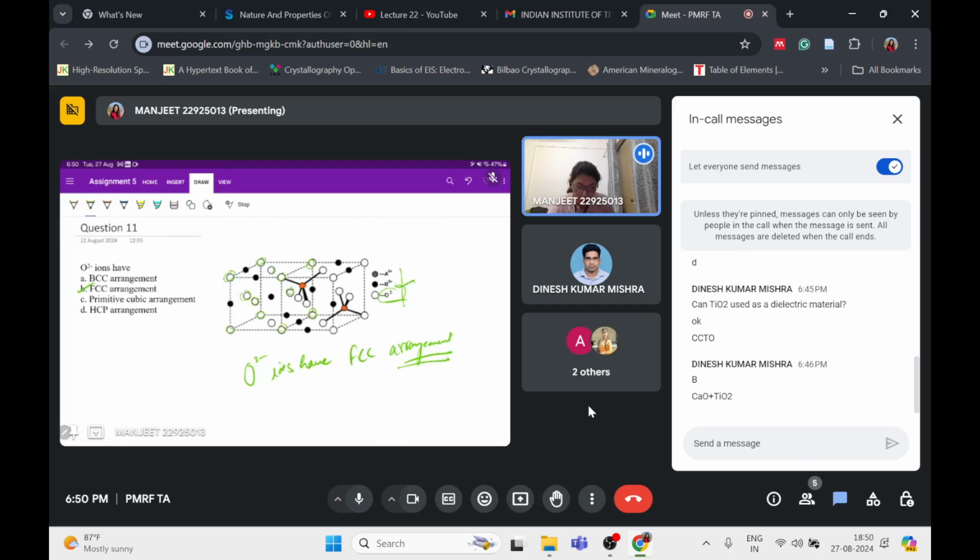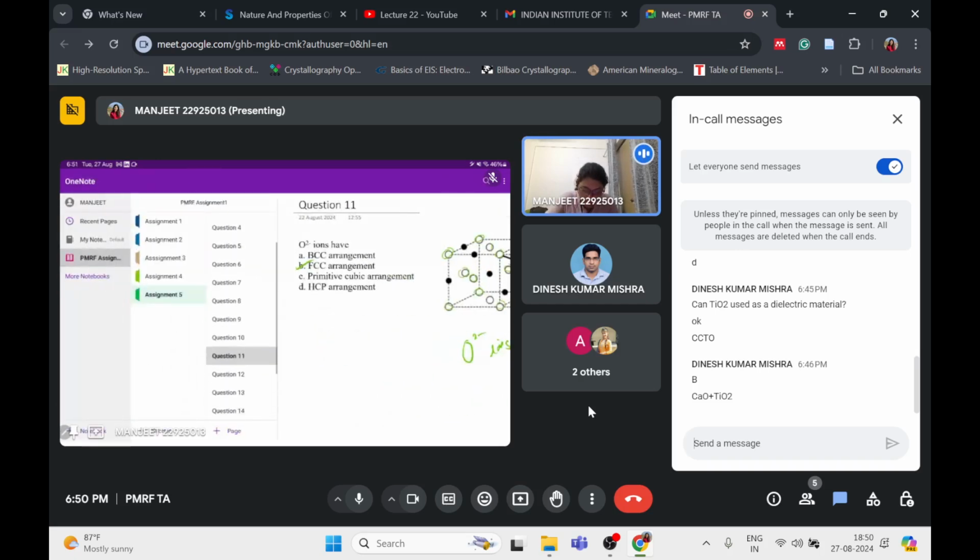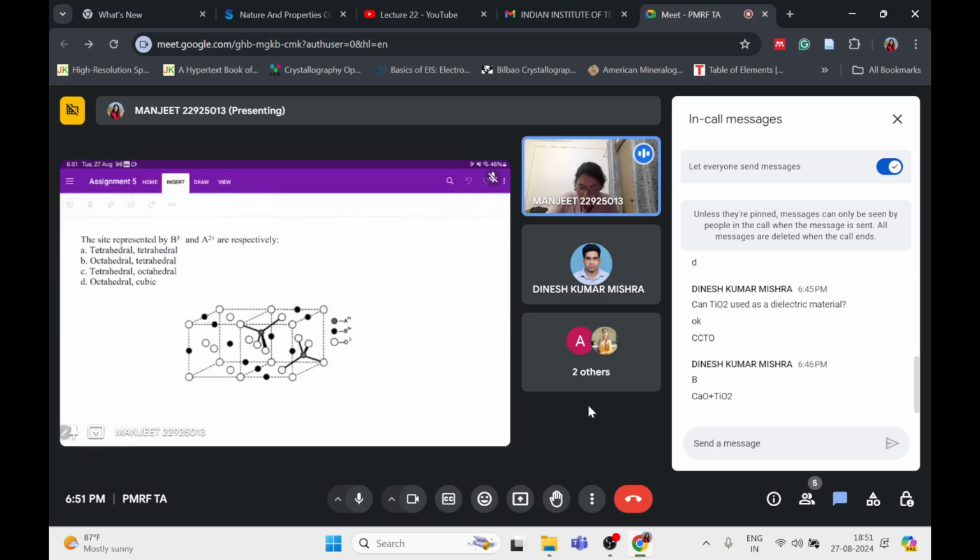In the next part, if somebody asks you for the arrangement of the B3 positive ions and the A2 positive ions, that is asked in question number 12: what will be the site represented by the B3 positive ion and the A2 positive ion?